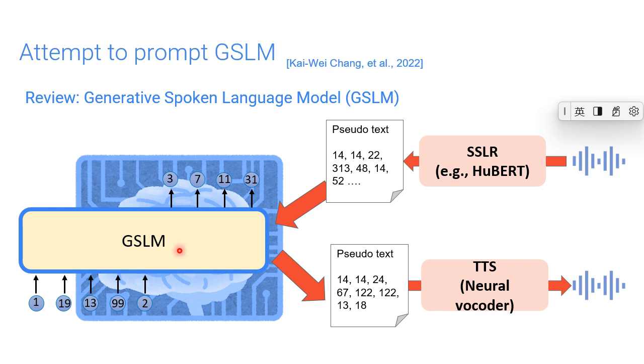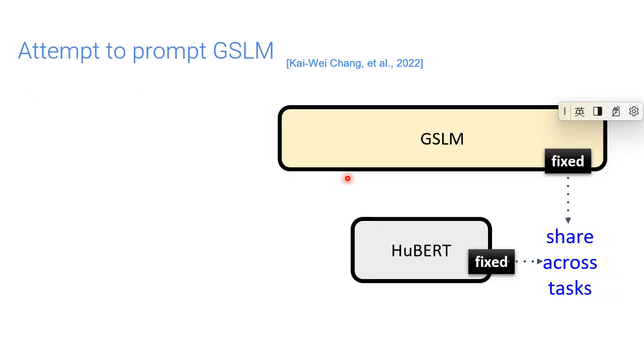So GSLM is a language model, and this language model is trained on the output of a self-supervised representation model, for example, HuBERT. So HuBERT can output a token sequence as pseudotext, and GSLM is trained on pseudotext. So how to use GSLM on different tasks?